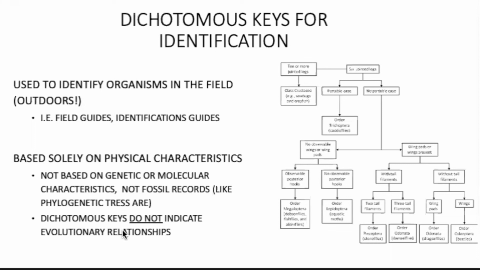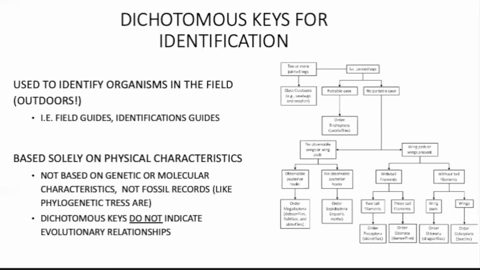They're also referred to as field guides or identification guides, whatever you want to call them. This is going to be based solely on physical characteristics. This is not going to be anything with their genetics or molecular characteristics, not any type of fossil records, like phylogenetic trees or anything like that. And dichotomous keys are not here to indicate any kind of evolutionary relationship.